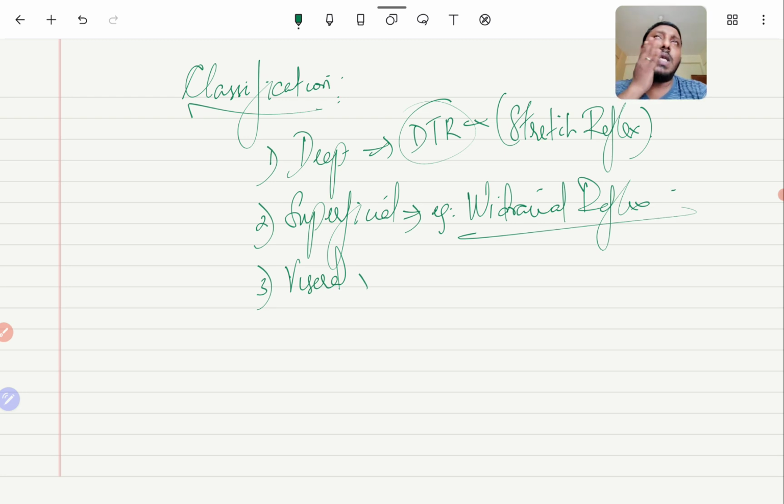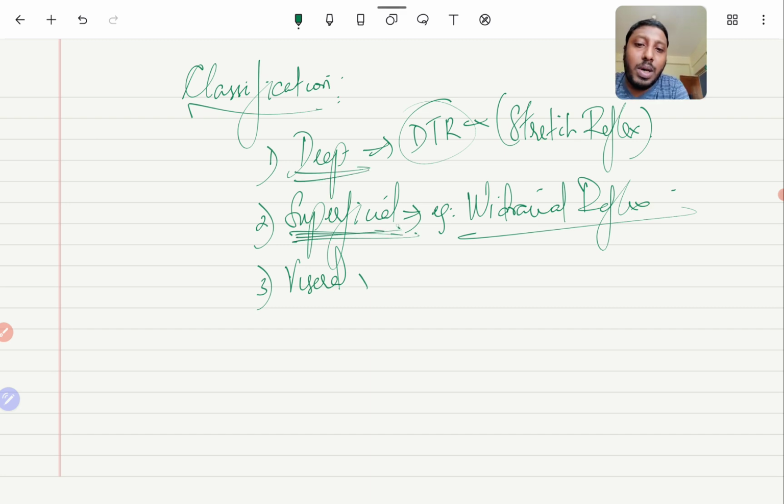Withdrawal reflex is a superficial reflex in which if somebody gives pain to the bottom of the hand or any of the limbs, the hand withdraws, the leg withdraws, and all these are superficial reflexes. Even the plantar reflex is a superficial reflex. The corneal reflex, we mentioned before, is a superficial reflex because there is nothing deep. When a small area of the eye is touched, your eyes get closed. So that is the origin.